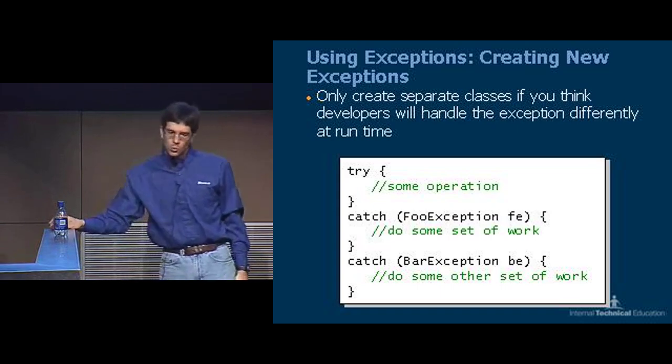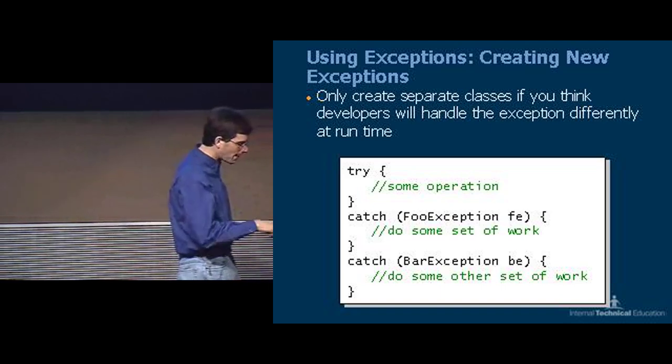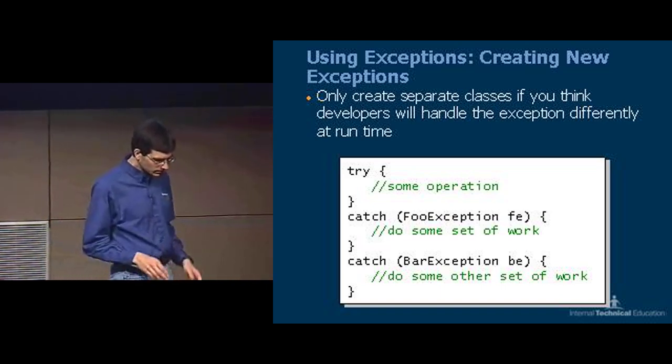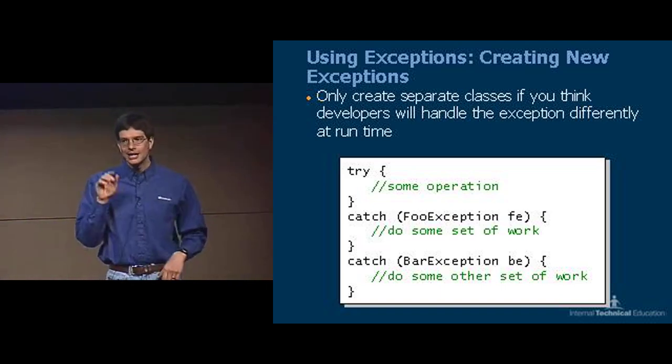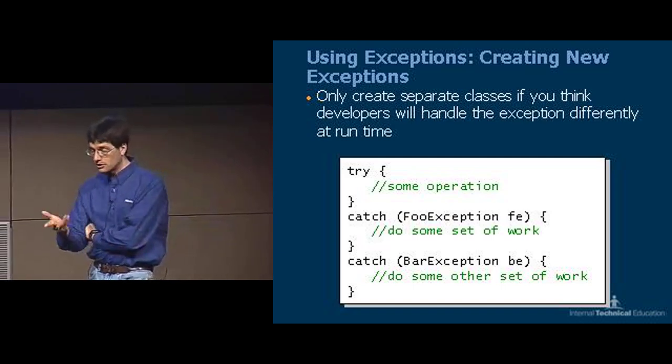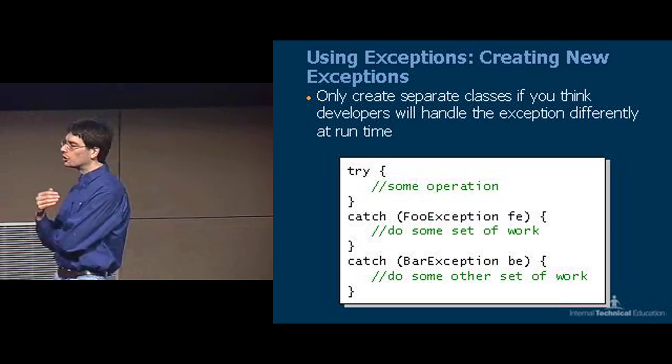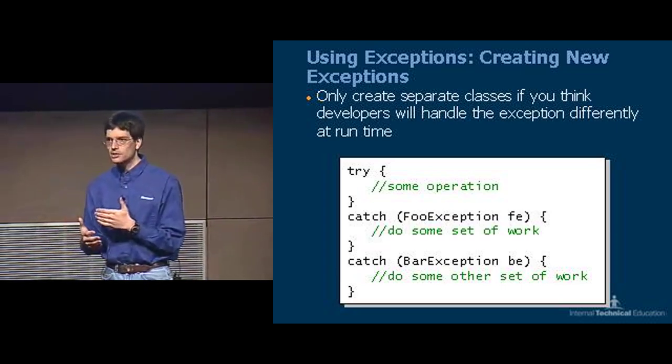Okay. So the question is, when would you wrap an exception and when would you pass it on? You should wrap an exception if your user, the developer calling your API, will not understand that exception.